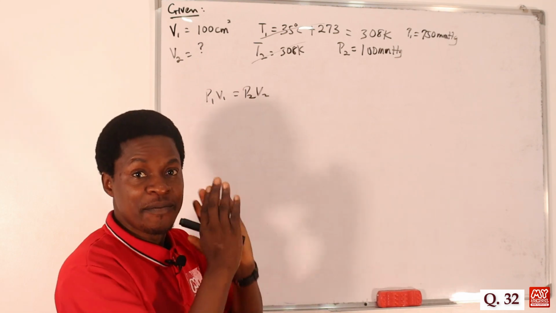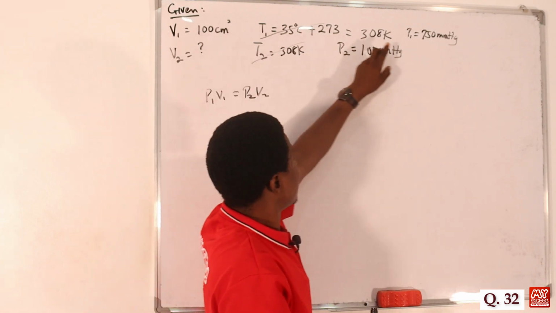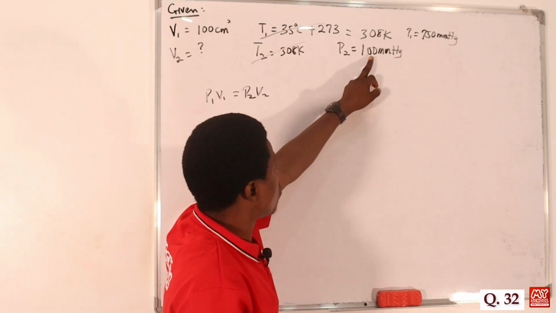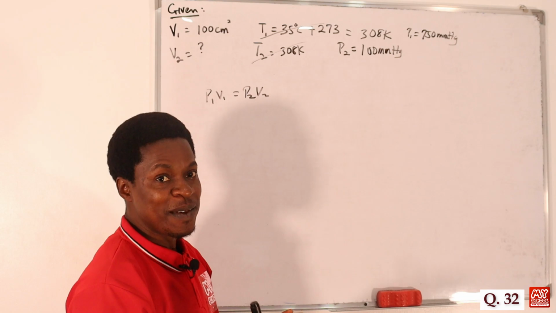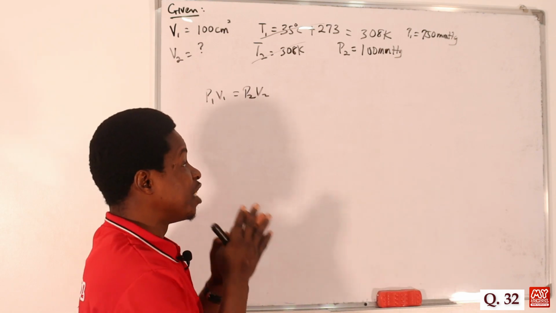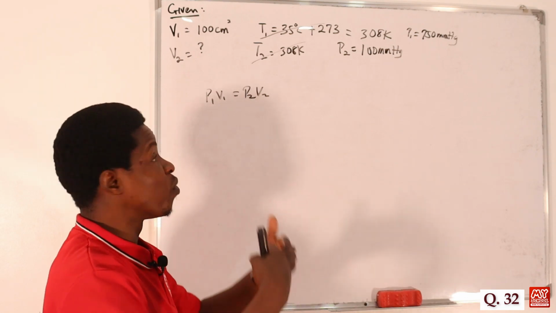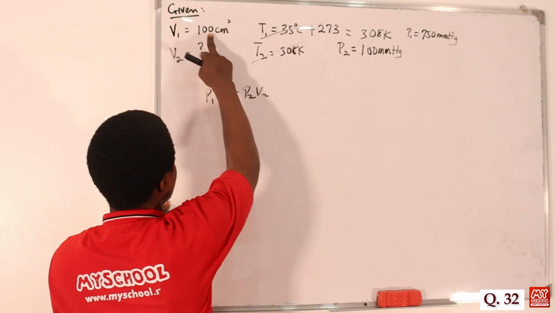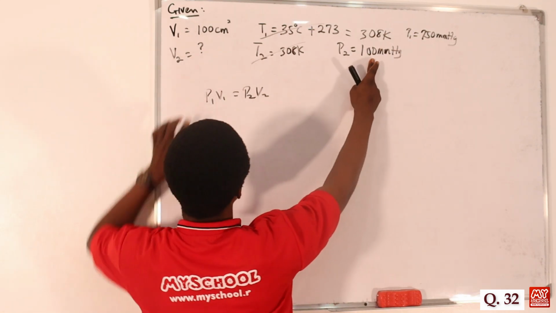So now we have the same value. When V1 was 100, P1 was 750. Now P2 is 100. What will V2 be? It's 750. There's no point wasting time. But if you are not so sure, please go ahead and solve. I'm only saying that you should know the smart part of the question, where you can bring in that V1 was 100, P1 was 750, now P2 is 100, the same 100 here.